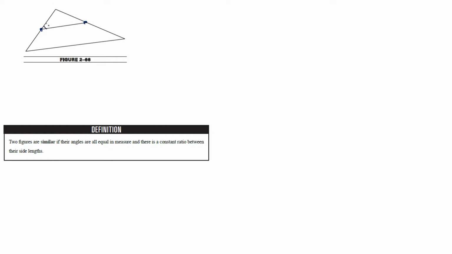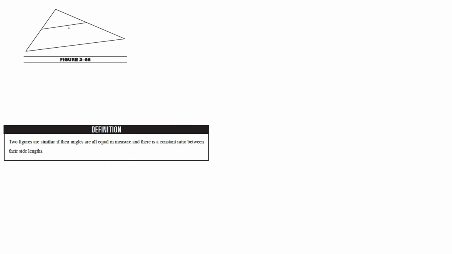So this triangle is similar because all of the proportions and angles are the same to the whole triangle, not that little trapezoid down there, but to the whole triangle. And that is decently often how similar figures will be presented to you, as a proportion of a larger object.